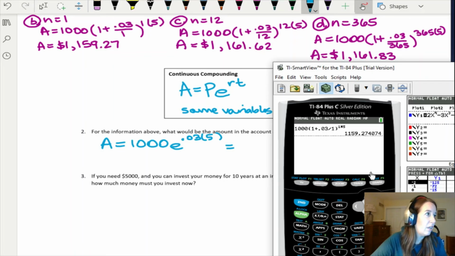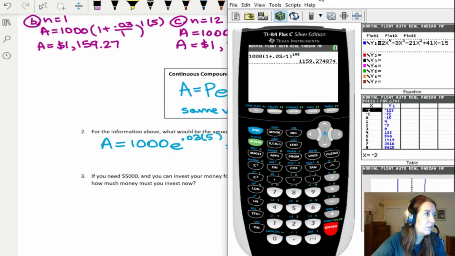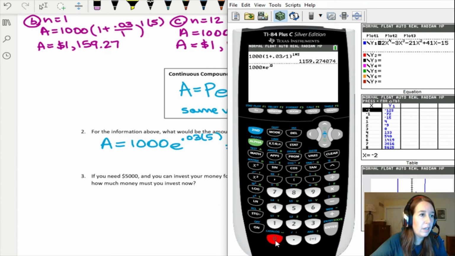Let me see if I can pull that up a little farther so you can see the buttons too. That looks good. So we're going to do 1,000 and then times E, and you're going to go second natural log. So second ln is E. It gives you a little exponent there because E usually has an exponent, and then 0.03 times 5.